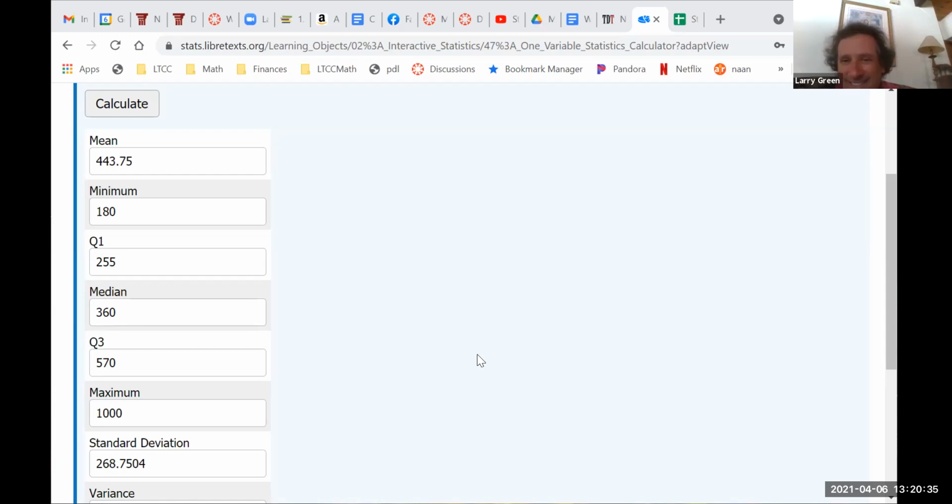What does that tell you about my house? Any thoughts? So it's negative 0.1.